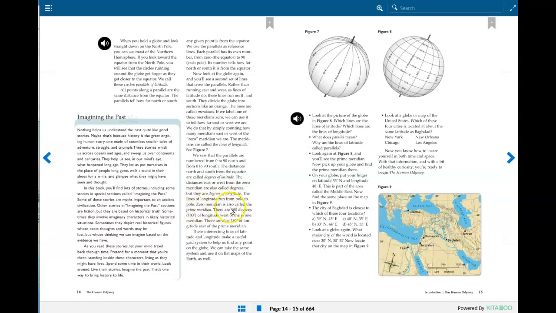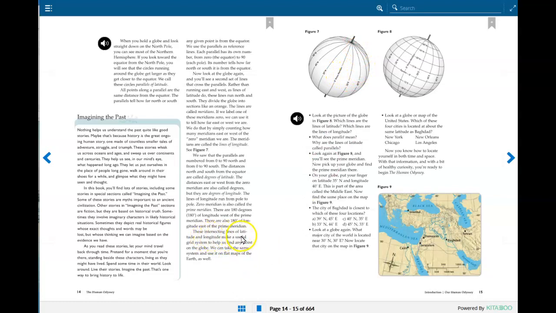So the 0 meridian is also called the prime meridian. There are 180 degrees of longitude west, and there are also 180 degrees of longitude east. So if you go this way, you go 180. If you go this way, you go 180. So this is west, and then this is east.